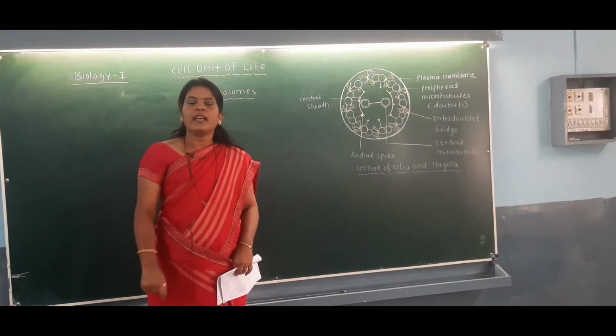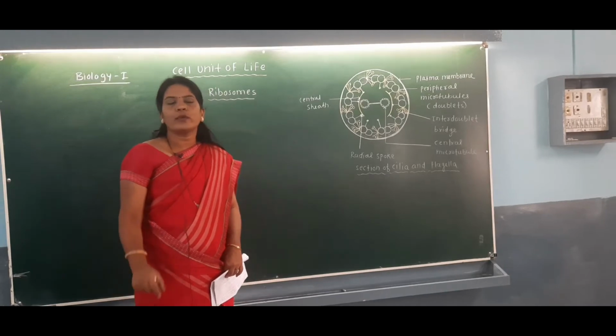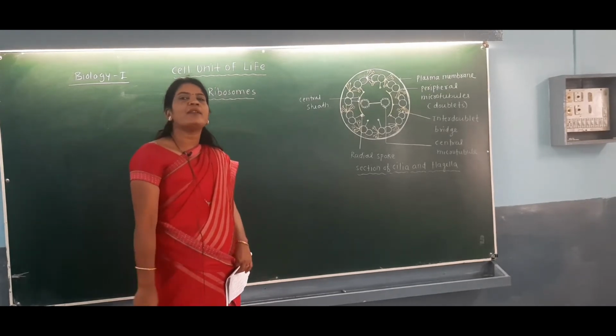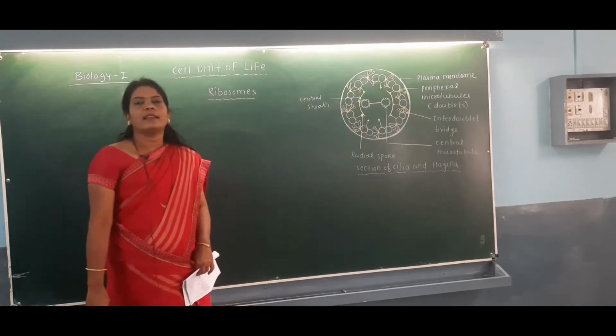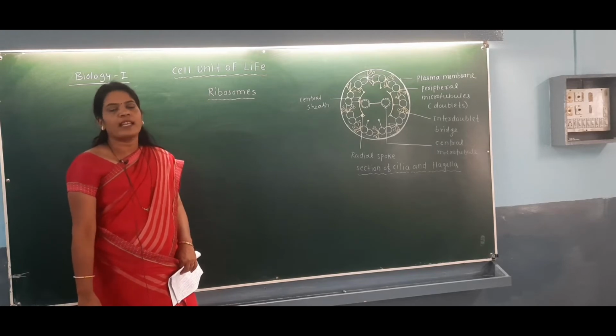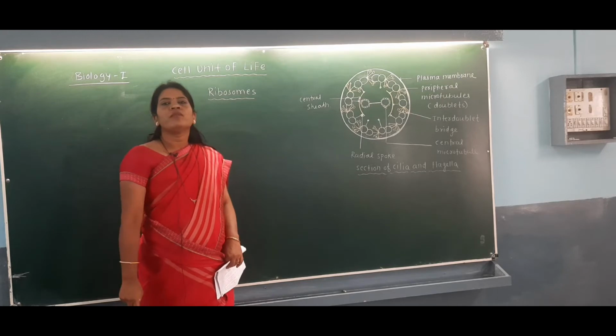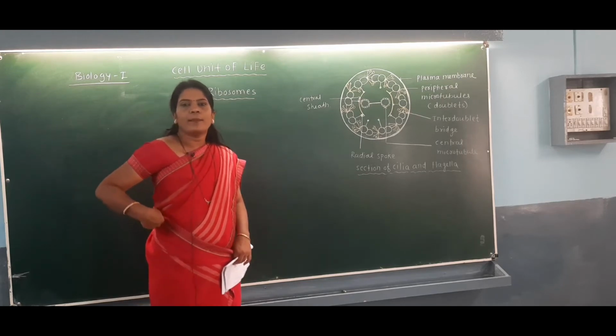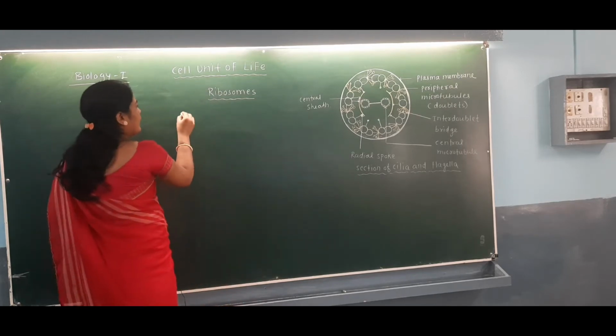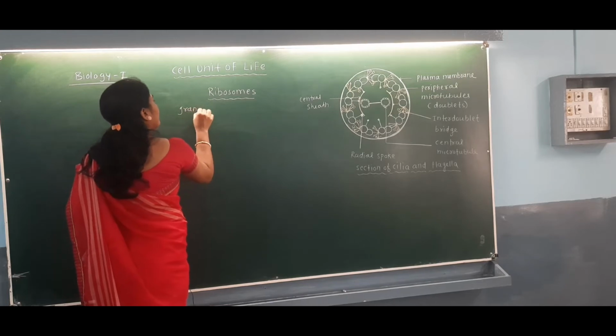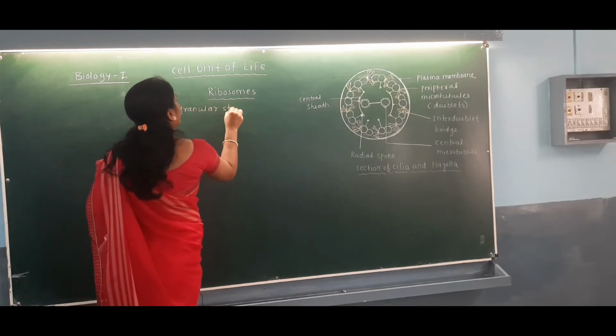If we observe it under the electron microscope, you can observe a granular structure present in the cytoplasm of all prokaryotic and eukaryotic cells, and that granular structure is nothing but the ribosome.